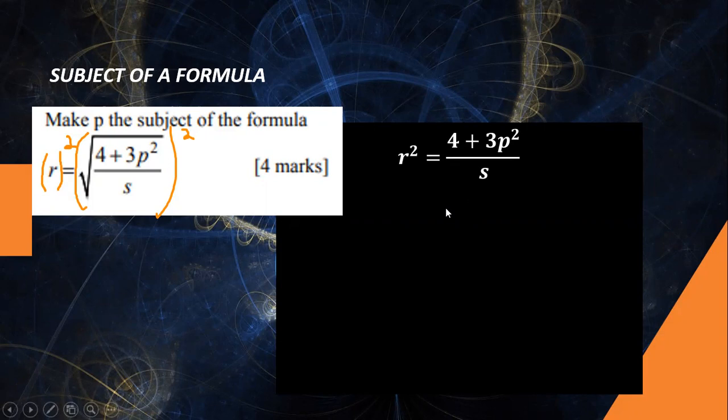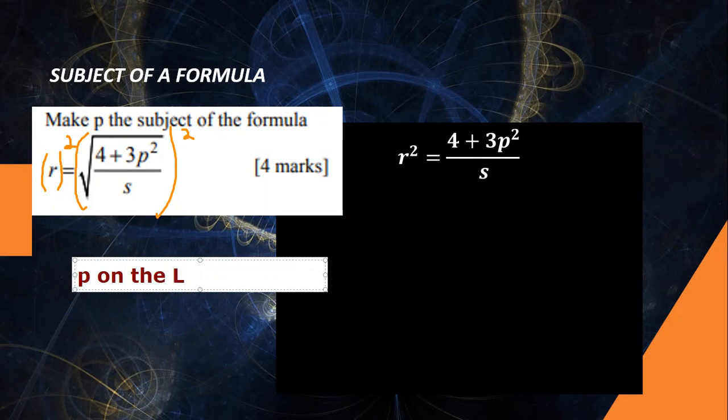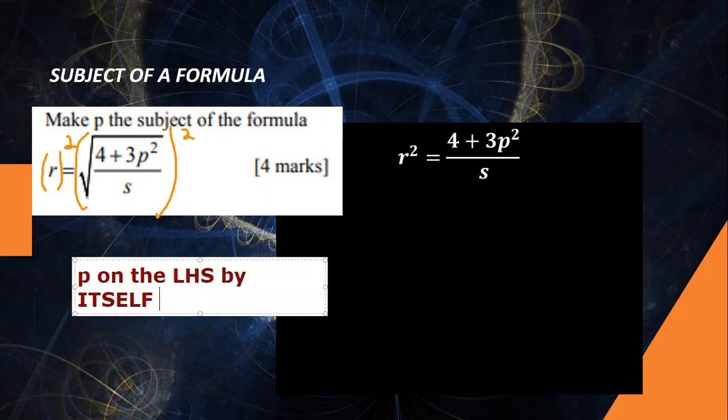Next, I need to make P the subject of the formula. What does making P the subject of the formula mean? I have to put P on the left-hand side by itself. Very, very important.